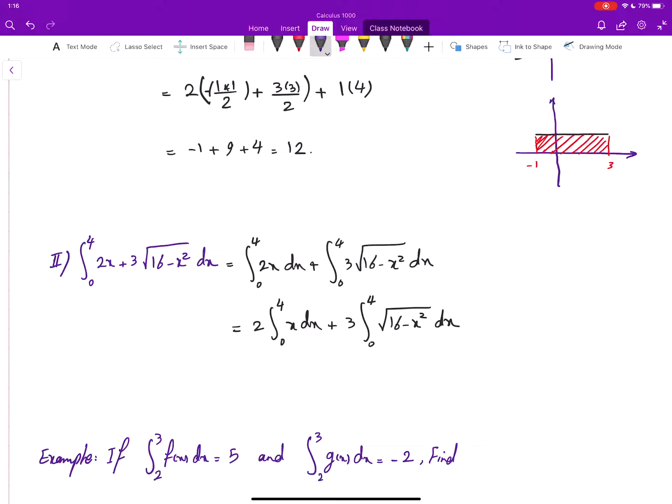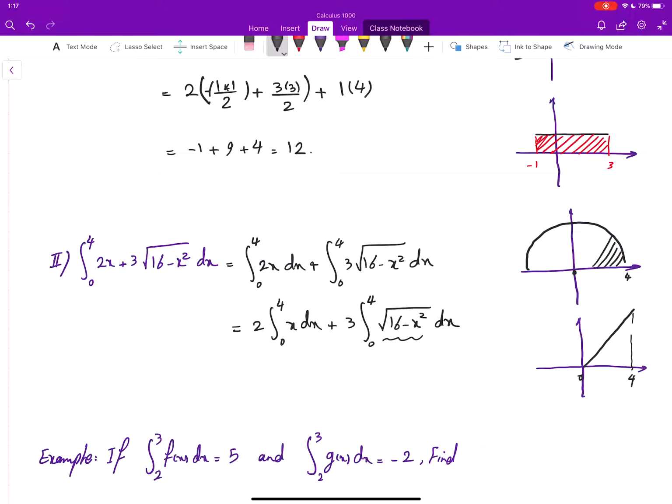Now here you have two functions. One is the function y equals x, so I have this from 0 to 4. The other one is a semicircle, but since we are taking from 0 to 4, this is a quarter of a circle.